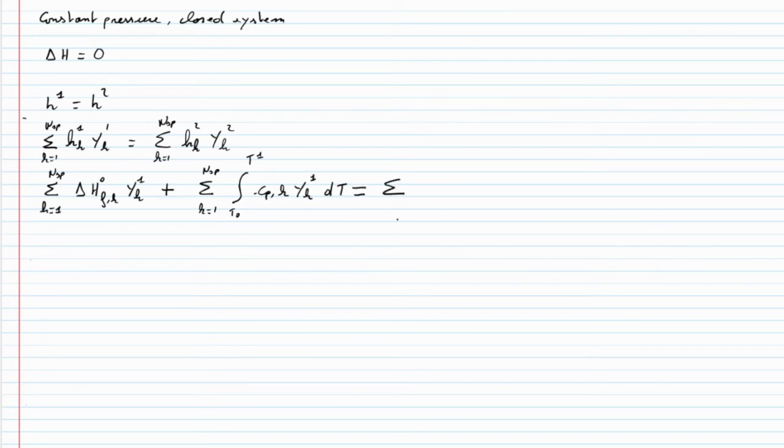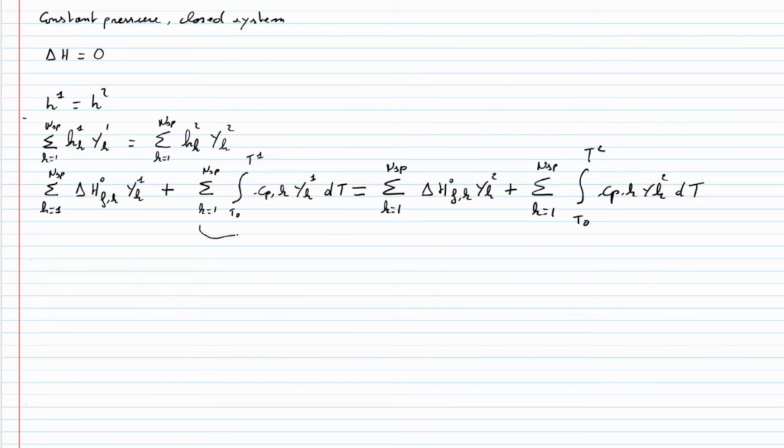This is equal to the sum of the enthalpy of formation weighted by the species mass fraction of the burned gases plus a sensible contribution, which is the sum from k equal 1 to nsp of the integral from T0 to T2 of cpk Yk2 dT.